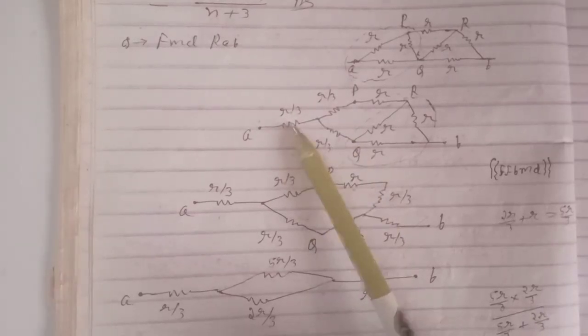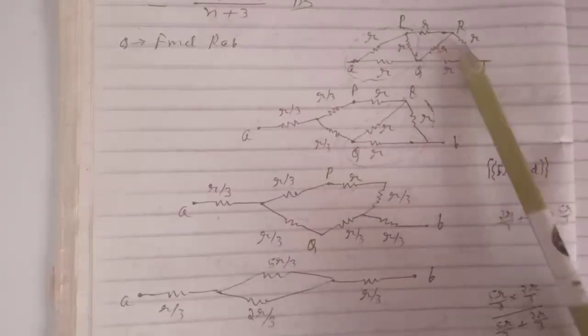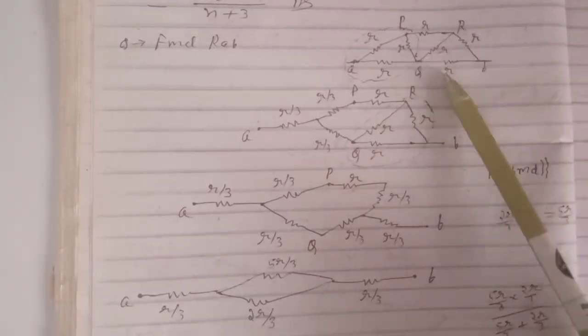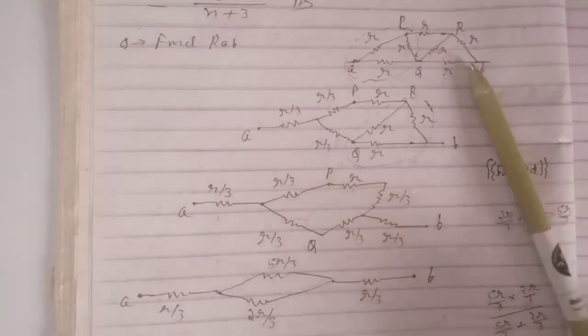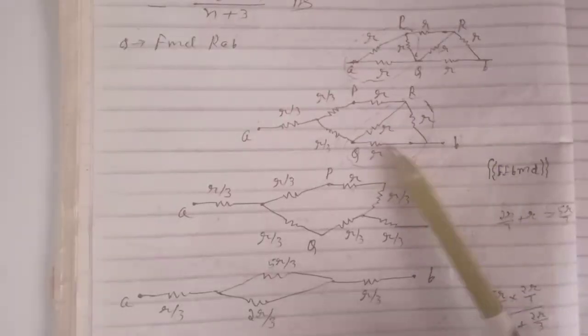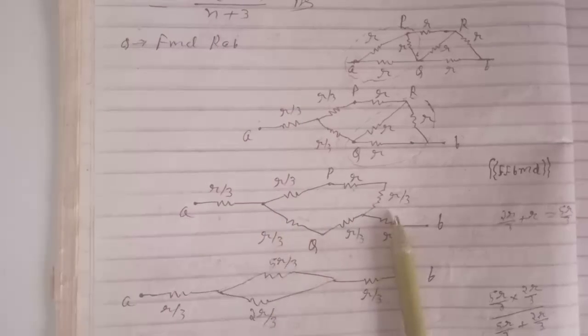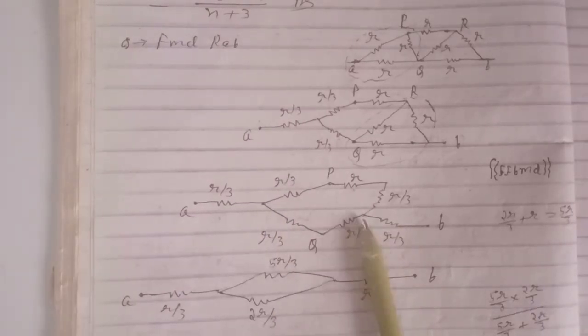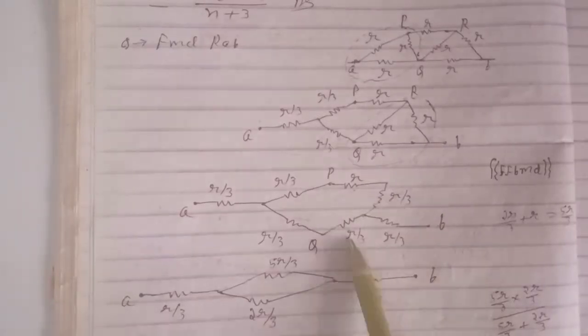Again, this is also a delta network, so it can also be converted into a star network. So here we are converting it into a star network, and the final diagram will be like this circuit diagram. So now this again will be R by 3, R by 3 and R by 3.